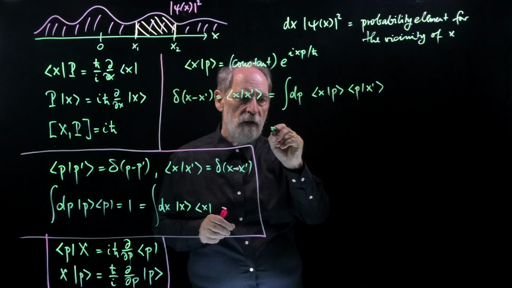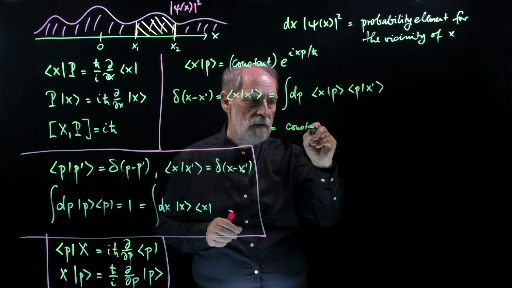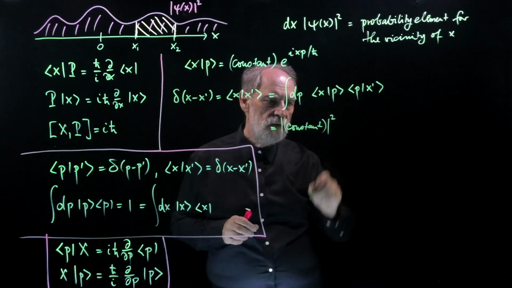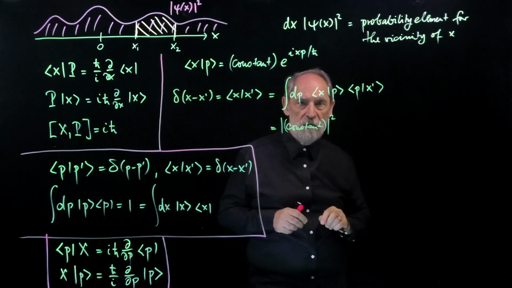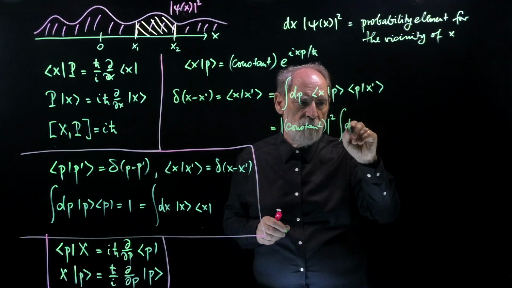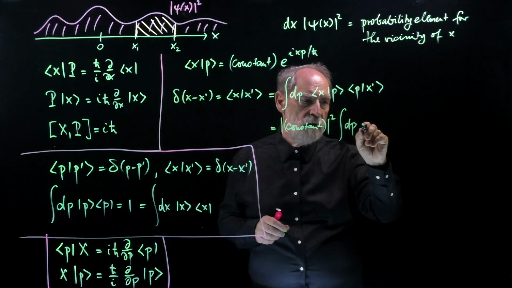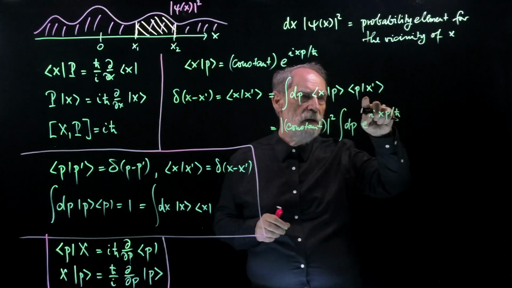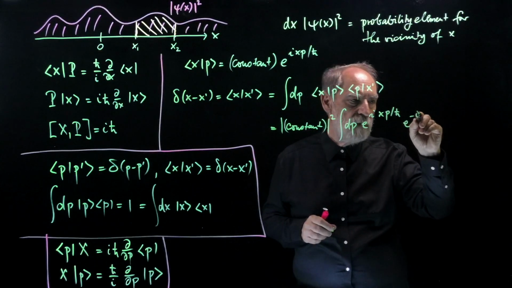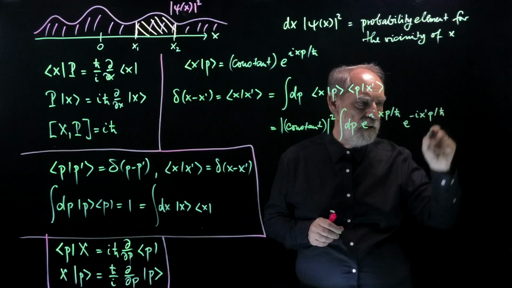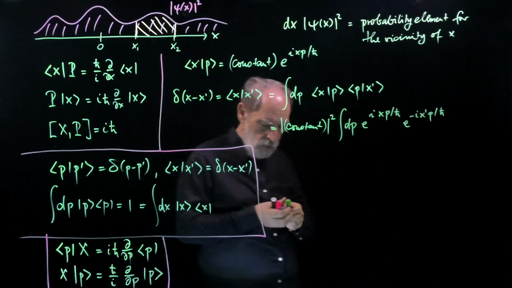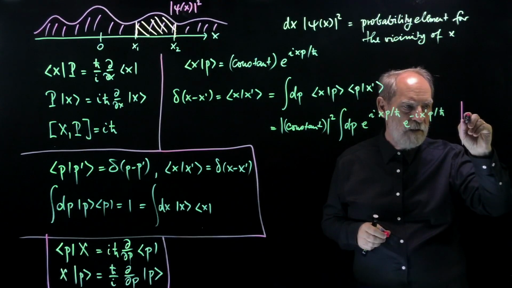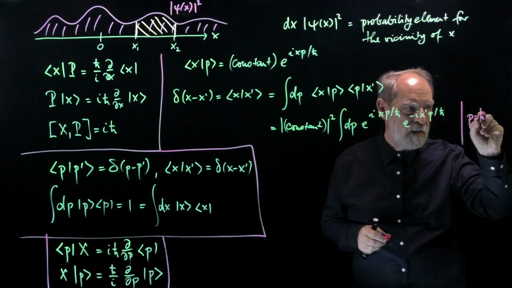So we have the constant from one of these factors, and then we have the complex conjugate of the constant, so we get the absolute square of the constant, and then we have the integral over p, and from this factor we have e to the i xp divided by h bar, and from this factor we have e to the negative i x prime p divided by h bar. And now I will make contact with something we had before by writing p as h bar k.